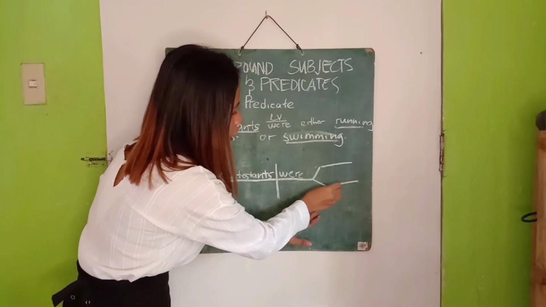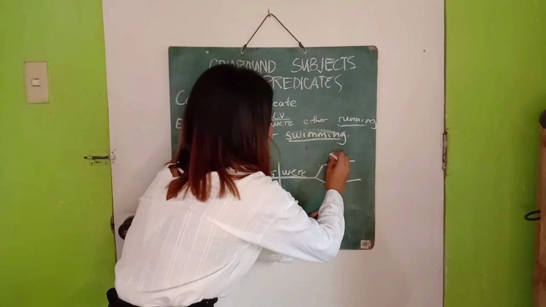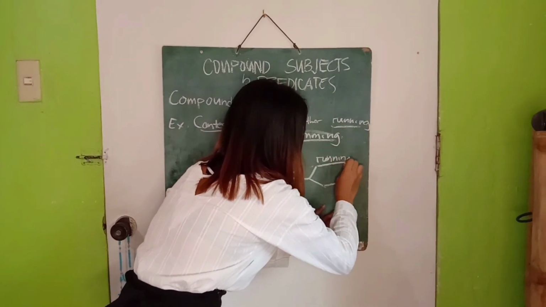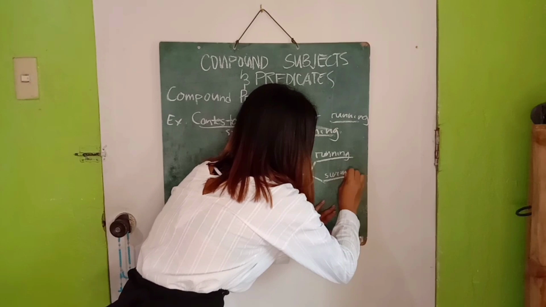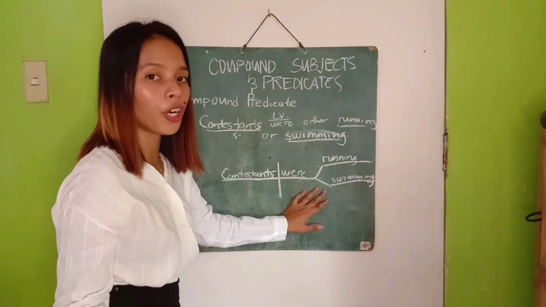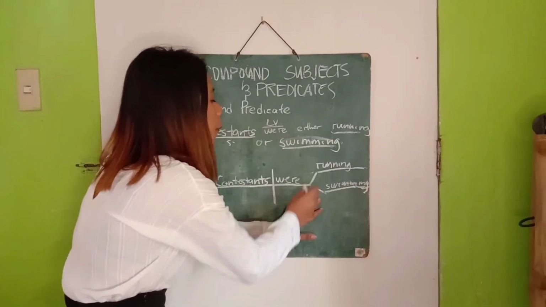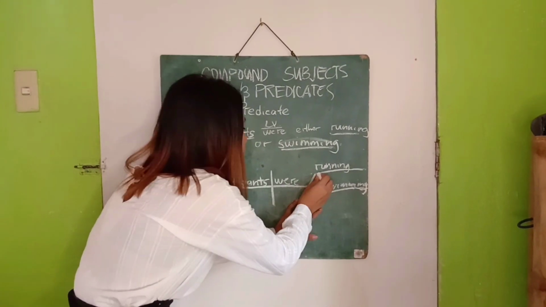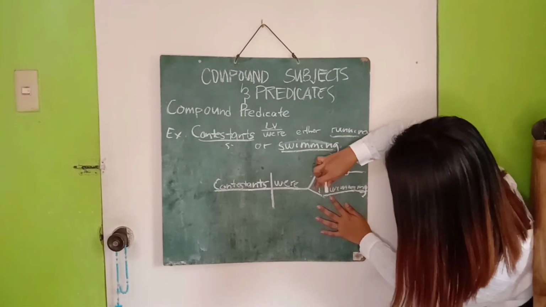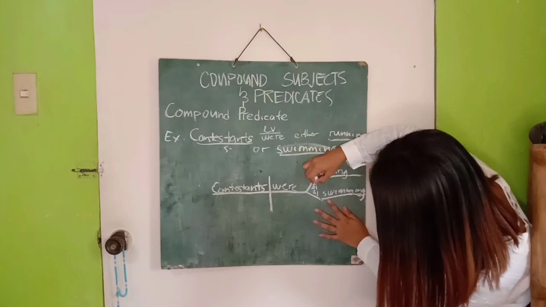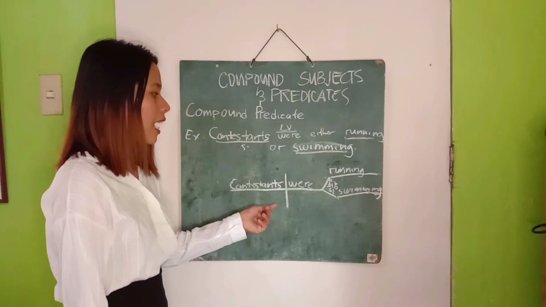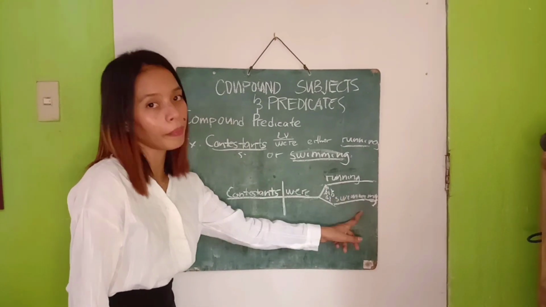Straight line, and write our predicate. For the conjunction, which is either and or, we're going to draw again a dotted line. Either, or. To read it perfectly, contestants were either running or swimming.